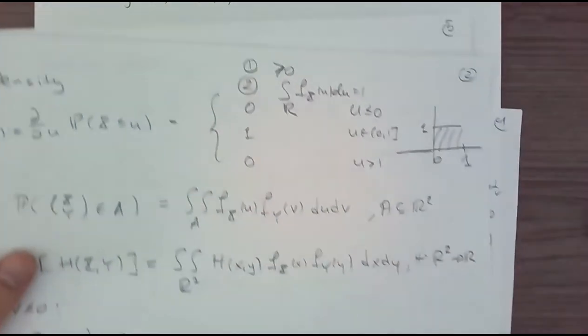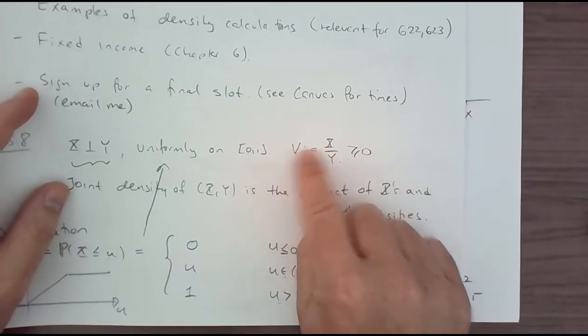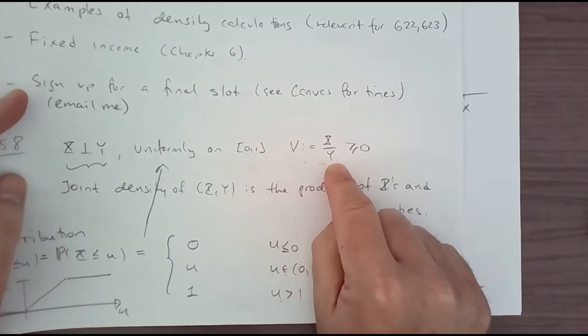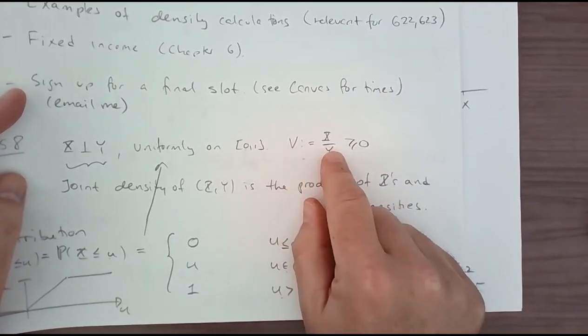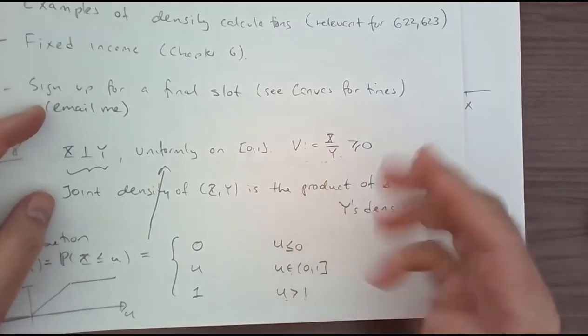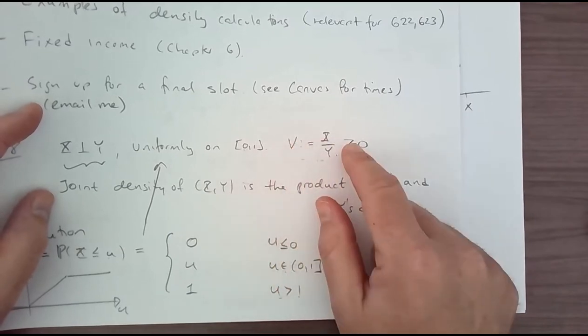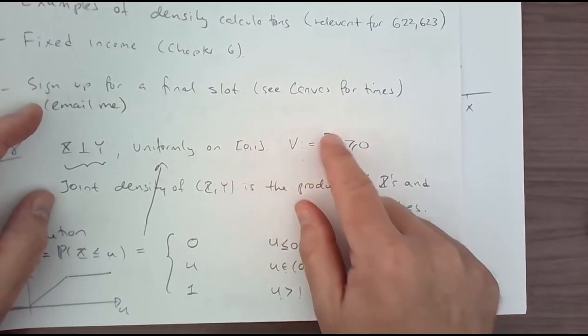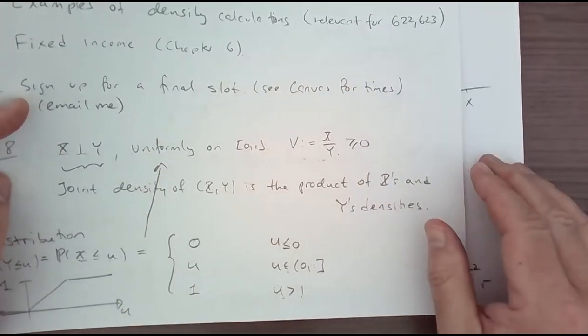In 58 you only had one random variable, and you're just asked to compute the density of this one random variable. There could have been another one, though. You could also have had W, and W could have been X times Y.